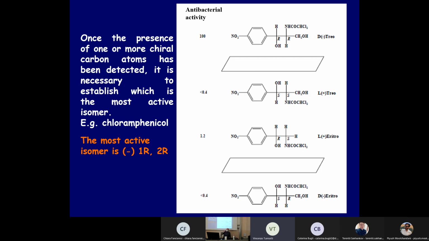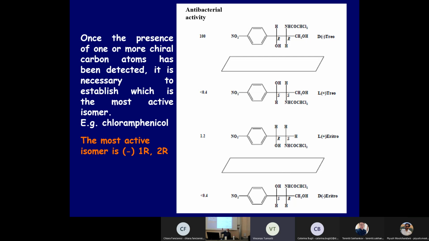In that time, we had tons of this compound available for the population. We will see this molecule later during the specific part of the course. There are 2 chiral carbon atoms, and so, following the rules, 4 stereoisomers, 2 by 2 enantiomers.